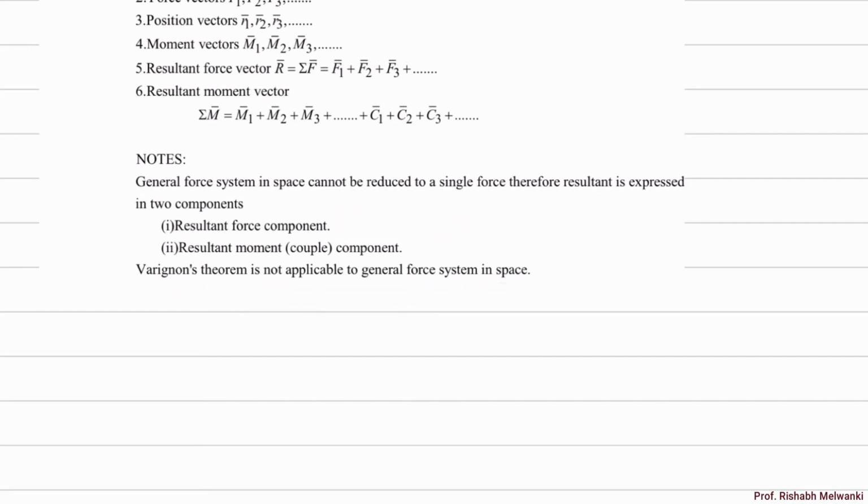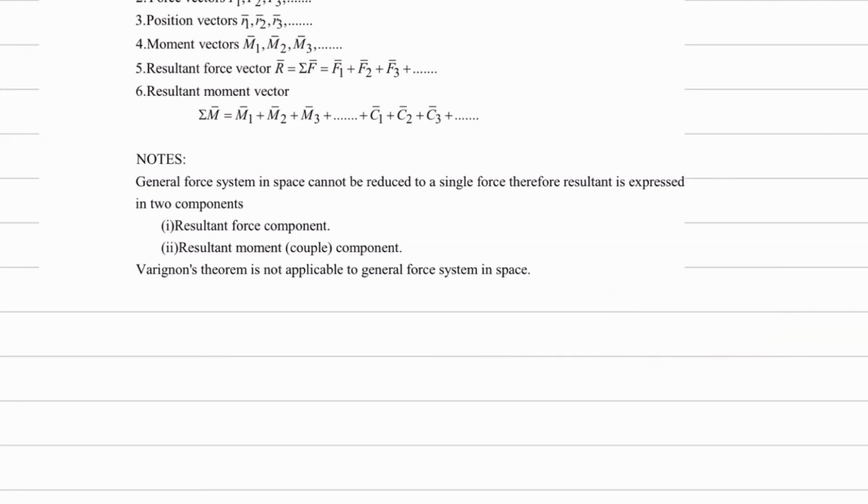Okay, so if you recall the coplanar general force system, all the forces acting in one plane, there were two types of problem. One was convert the given question into single force system, that is you have to only find resultant, or you have to find resultant and moment. So these were the two types of numericals in case of coplanar general force system.